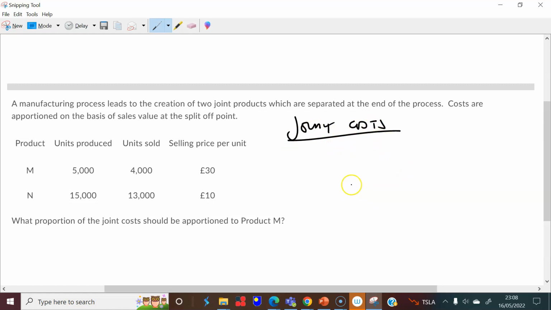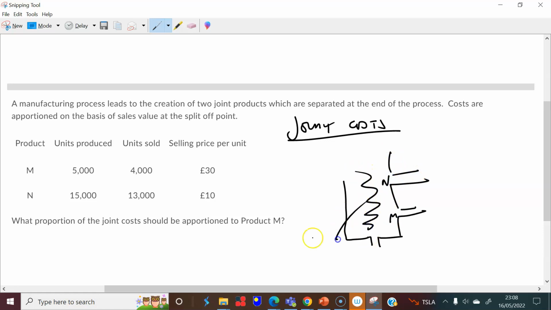If you remember, you could have a process, and you have something similar to this, you could have two products, M and N, and then there's the cost of everything that has gone in here. Maybe that could have been 100,000. But then when you get here, you could split this cost based on weight, if you remember. But this time they want you to split it based on the value of these products at this point before it goes into further processing.